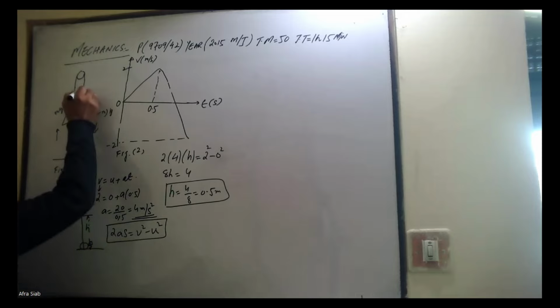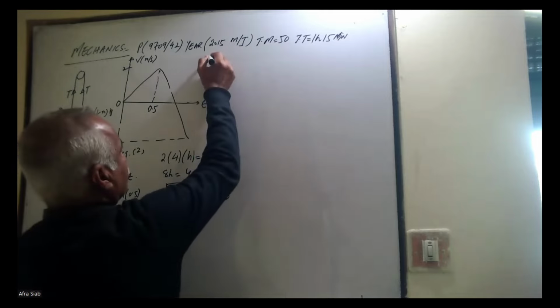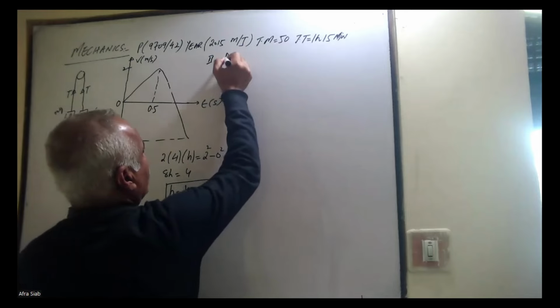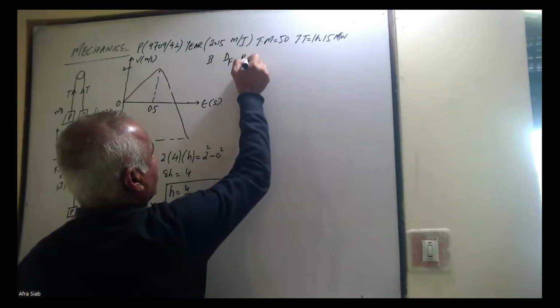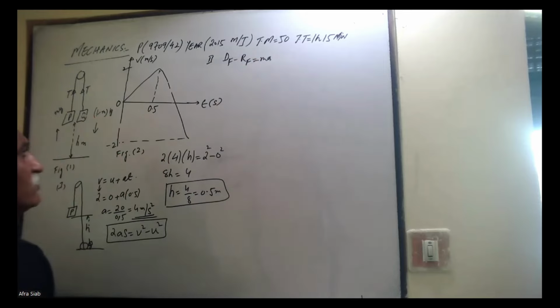So we know that, let's say that is the tension T, which is equal in magnitude but opposite in direction. And they have mentioned that P is moving upward and Q is moving downward. And we know from the second part that driving force minus resistive force is equal to ma. This is the equation we are going to use for this motion.